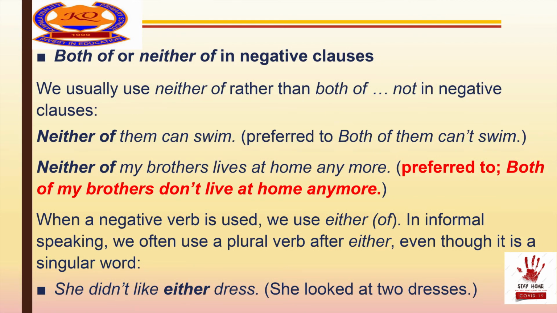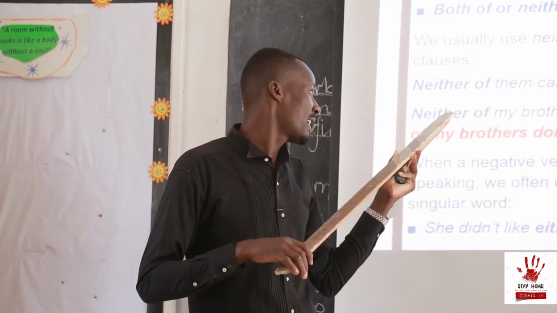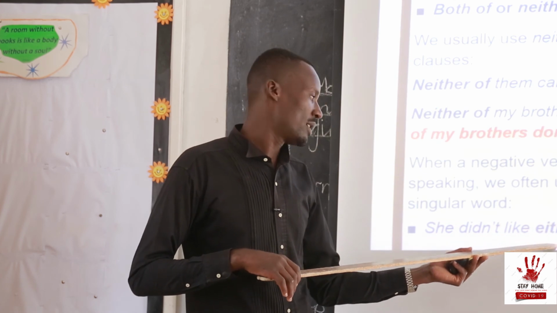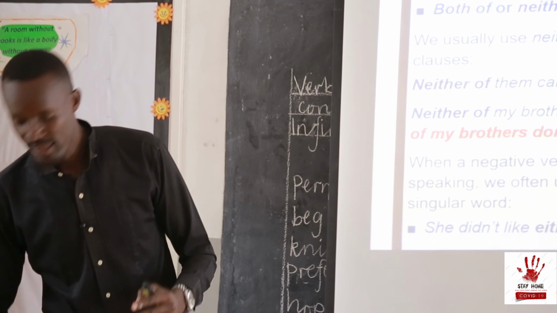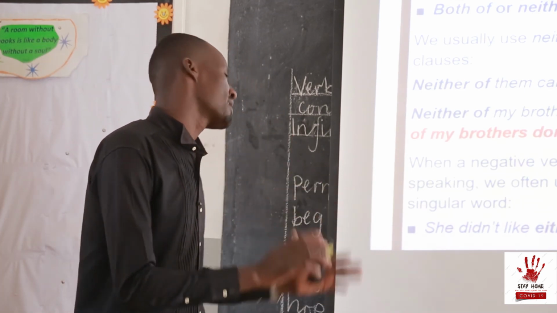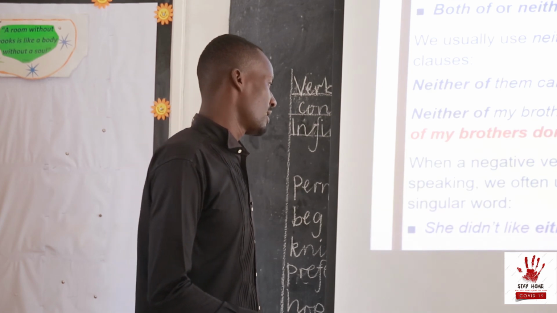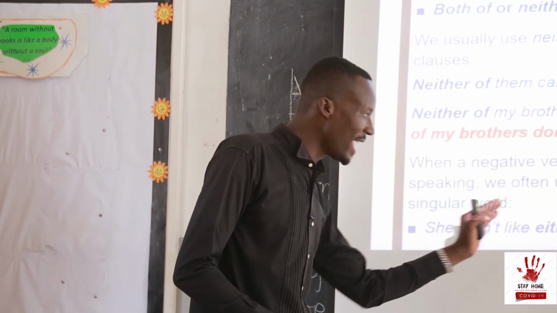People like using either with plurals. Either, just like neither, is also singular. If we say Ronaldo can play football with the right leg, Ronaldo can play football with the left leg, there we say Ronaldo can play football with either leg.